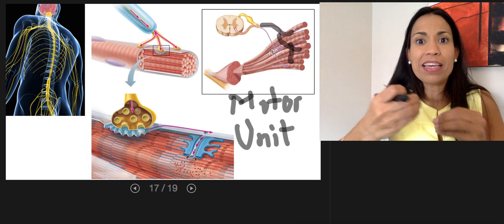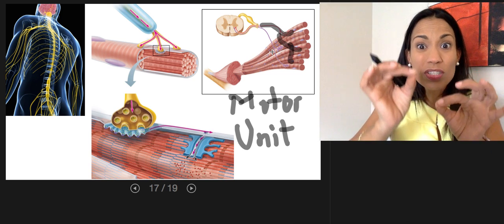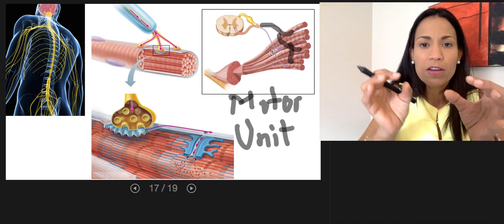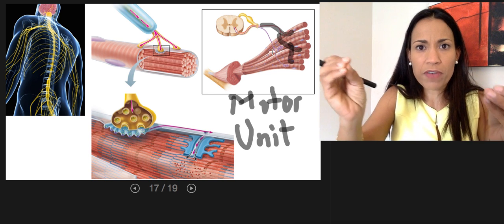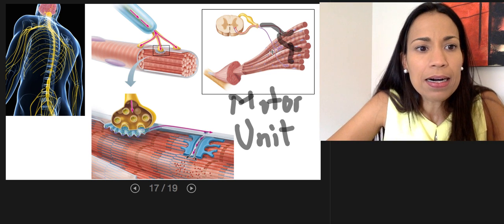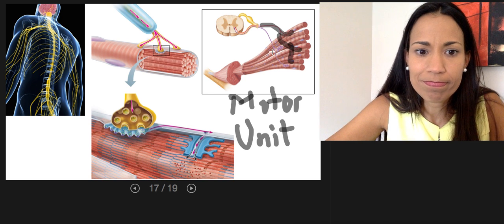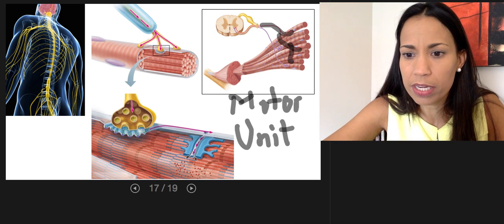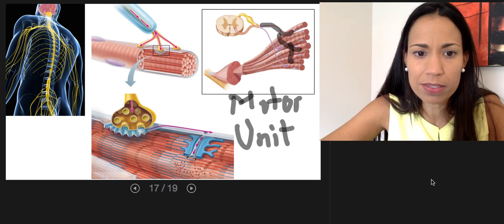So this gives the ability of contracting just little portions of every muscle, giving us the precision needed for certain movements.